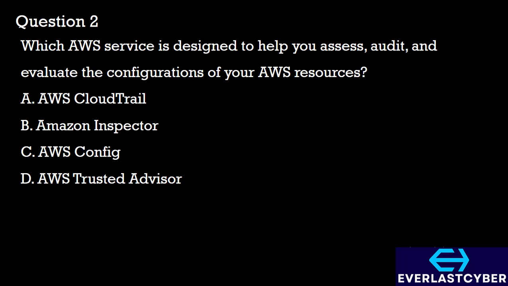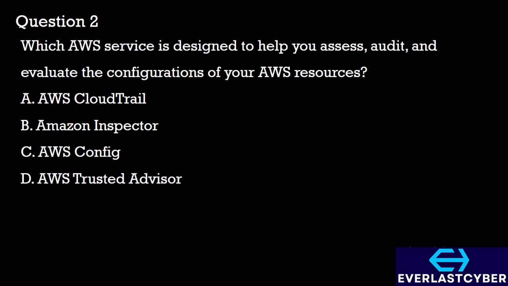AWS Config is a service designed to help you assess, audit, and evaluate the configurations of your AWS resources, and it continuously monitors and records AWS resource configurations.